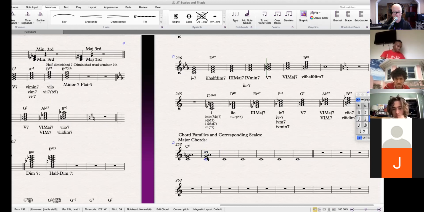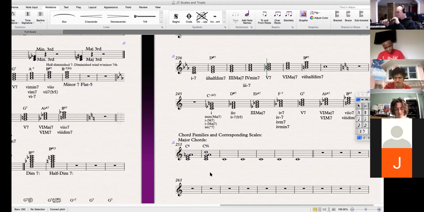If this is C6, what do we call this chord? C6-9. Yep, that's exactly right. So a lot of this is very logical. We just label it with what's in the chord. C6-9. And it's the same kind of thing. It just has a little more color to it.